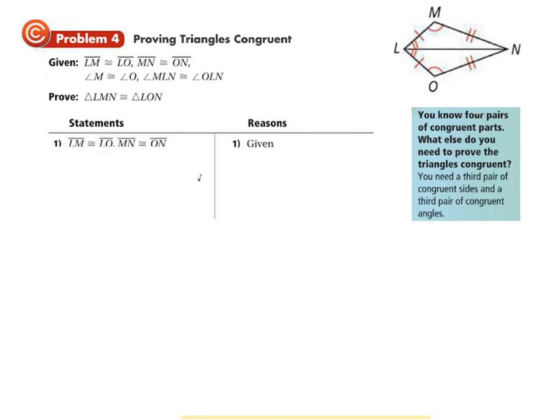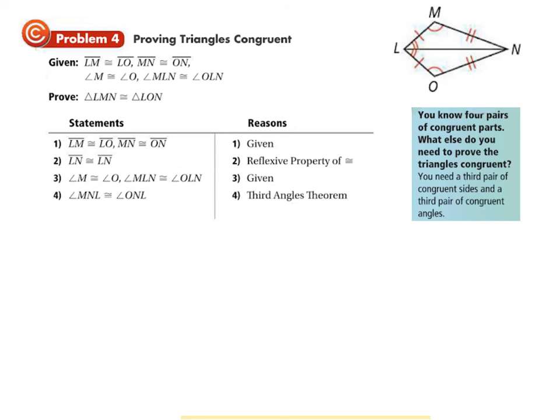So that information was given to us that the sides are congruent. So we also know that through the reflexive property of congruence, this side is congruent to itself through the reflexive property of congruence. Remember that? Okay. And we also know that the angles that they gave us that were congruent are congruent because it was given.